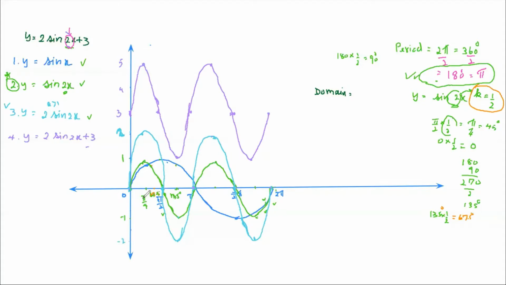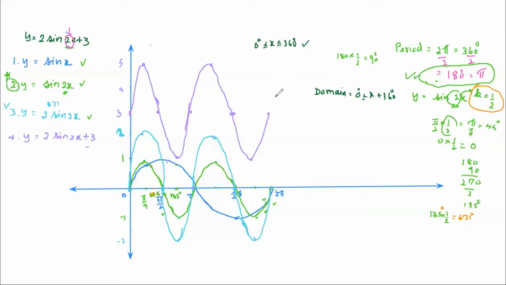Like for example, this one at the picture here. The question should be assigned at this one, right? And then between 0 to 360 degrees. So you answer this one for the domain. Our x is going to be 0 to 360 degrees.